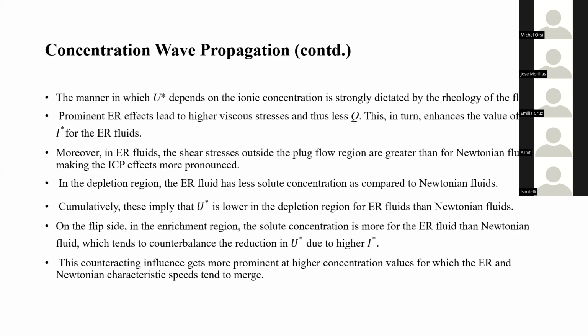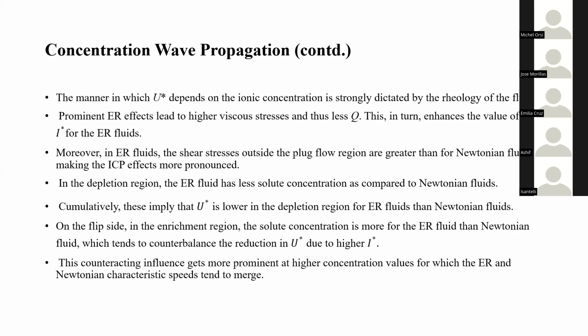The manner in which U star depends on the ionic concentration is strongly dictated by the rheology of the fluid. Prominent ER effects lead to higher viscous stresses and thus less Q. This in turn enhances the value of I star for ER fluids. Moreover, for ER fluids, the shear stresses outside the plug flow region are greater than for Newtonian fluids, making the ICP effects more pronounced. In the depletion region, the ER fluid has less solute concentration as compared to Newtonian fluid.